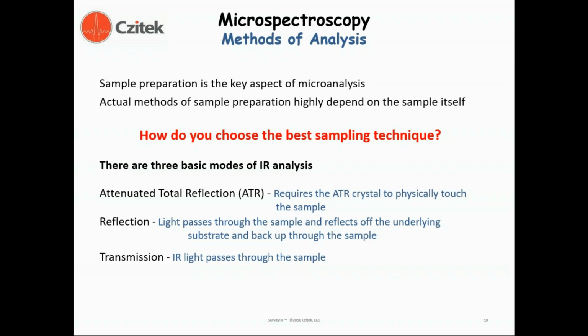In transmission, light passes through the sample one time, so the thickness can be smaller due to that. And as we said earlier, we can compress samples and thin them into a sandwich configuration to get that appropriate path length.